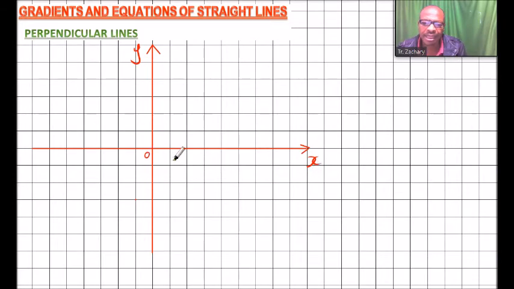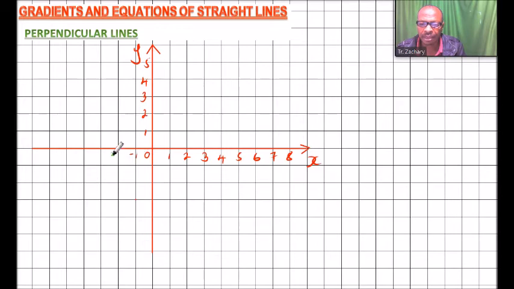So you say that is the starting point. This is 1, this is 2, this is 3. We have 4, 5, 6, and 7, 8. Here we have 1, 2, 3, 4, 5.